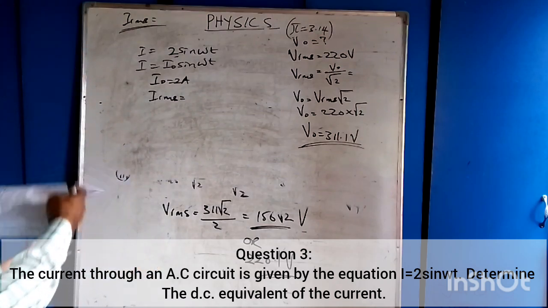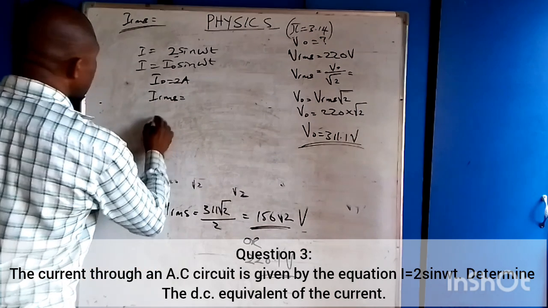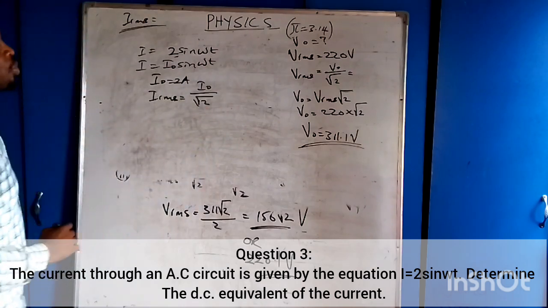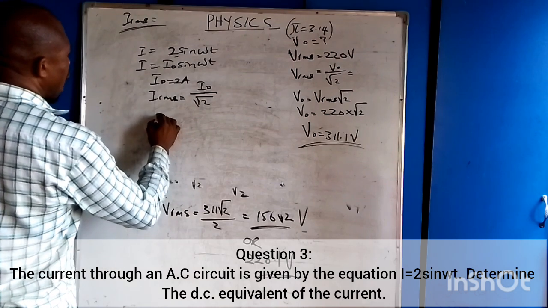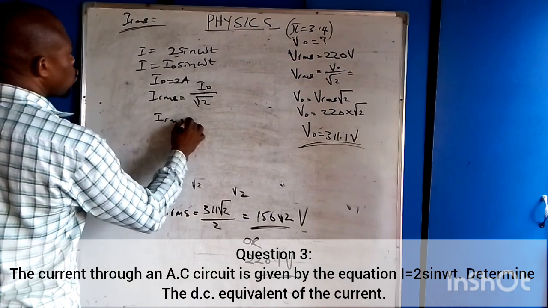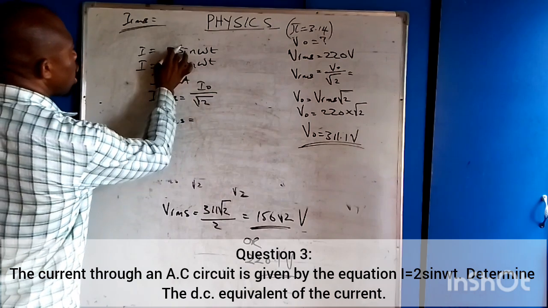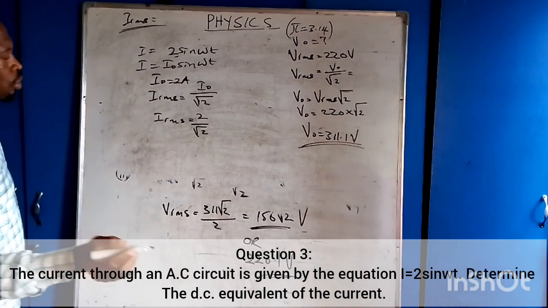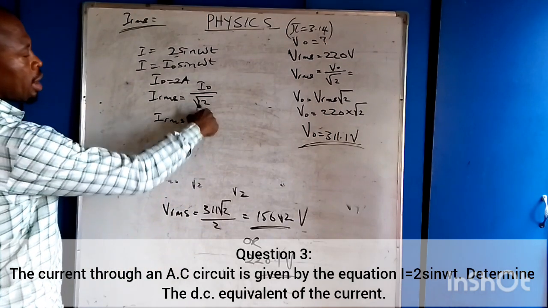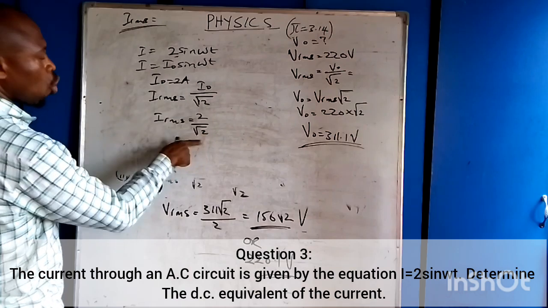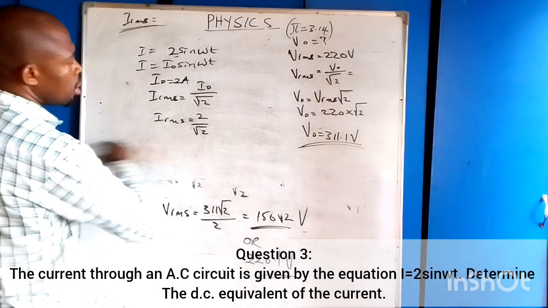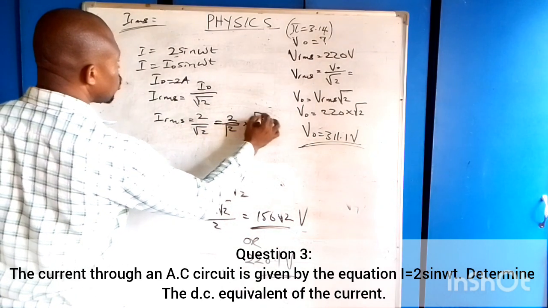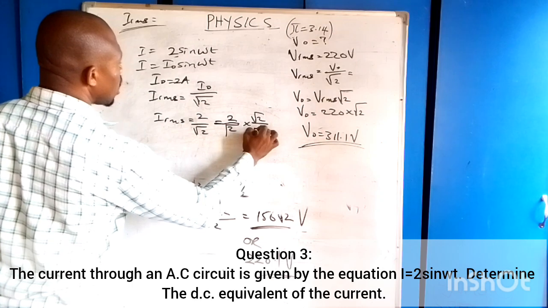Since we're looking for the IRMS, we have that IRMS is I naught all over square root of 2. We already have I naught as 2, so 2 all over square root of 2. Multiply both the numerator and the denominator by the value of the denominator, which gives us 2 over root 2 times root 2 over root 2.